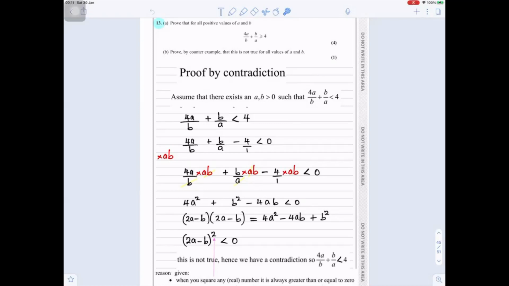So this is not true. Hence, we have a contradiction. So when you square any real number, it is greater than or equal to 0. It cannot be negative. So that's the complete solution for question 13, part a.